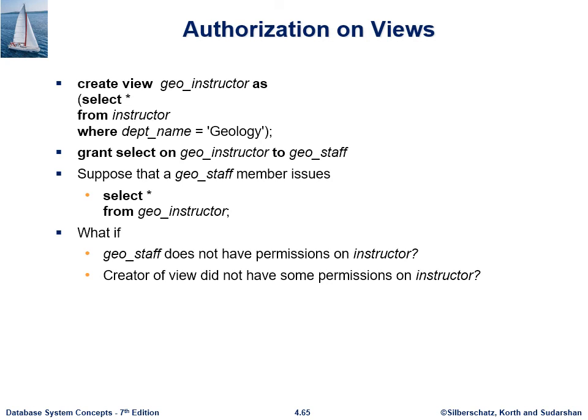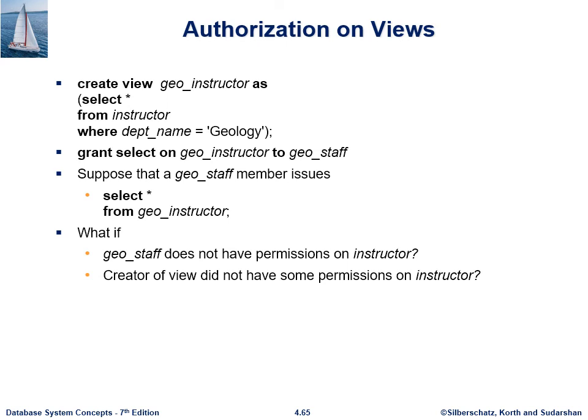So we assign the view name called geo instructor. And then next, we want to grant access to all the staff in the geology department. So we call it geo staff. Maybe we create a role and then list all the users for that role.